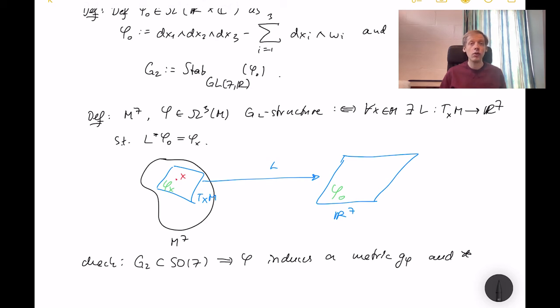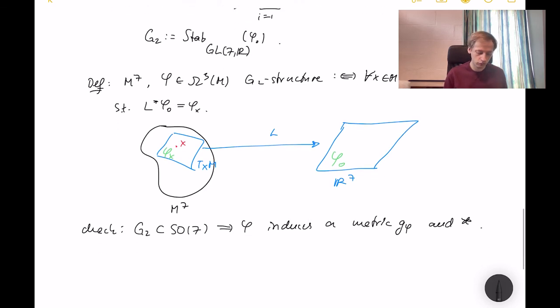And one very important theorem about G2 geometry is the following, which says that the holonomy of this metric g phi is contained in G2 if and only if nabla phi equals 0, where this nabla is the Levi-Civita connection of g phi, the metric induced by phi.